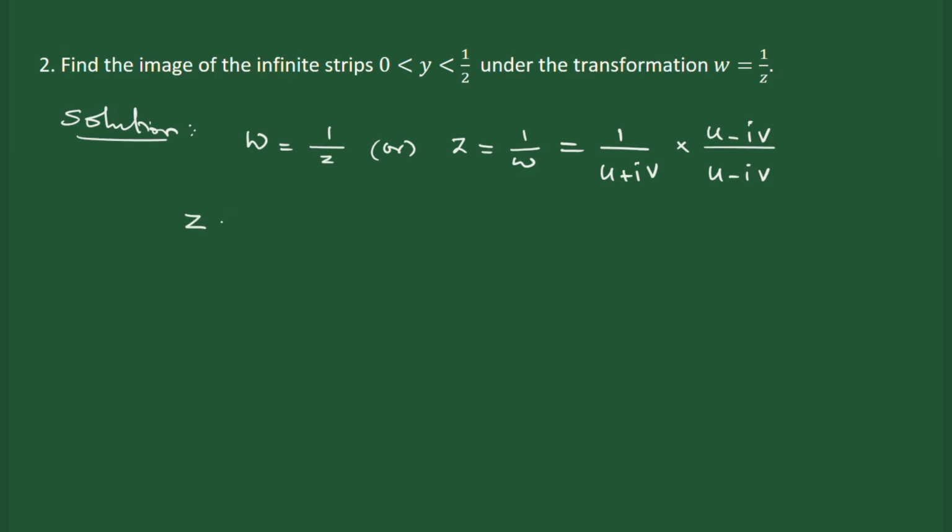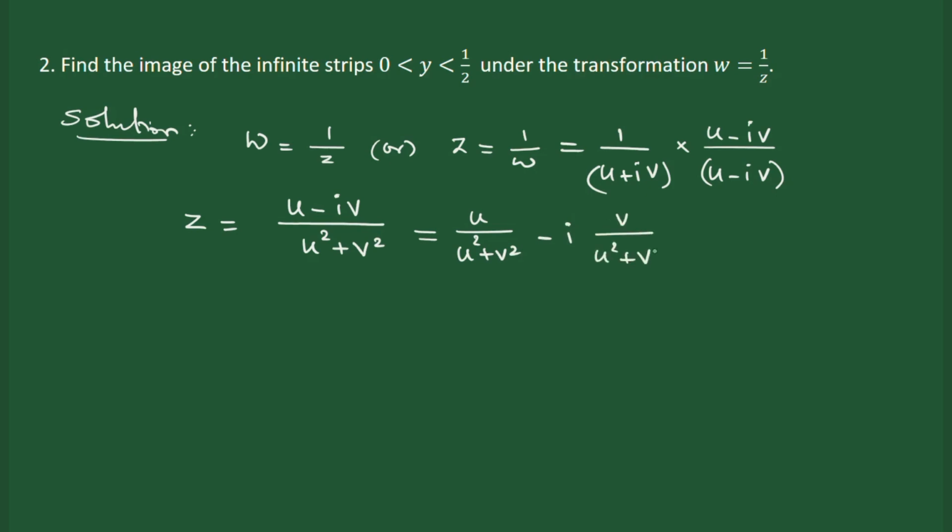While multiplying and dividing by its conjugate, the numerator becomes u minus iv, divided by the denominator (u plus iv) into (u minus iv), which can be written as u square plus v square. After writing like this, now we can split it into the real part minus i into the imaginary part over u square plus v square. So like this we can write.